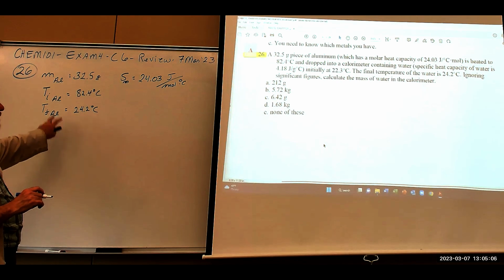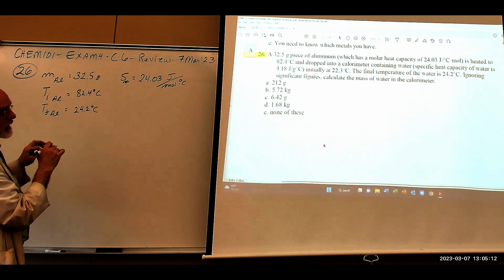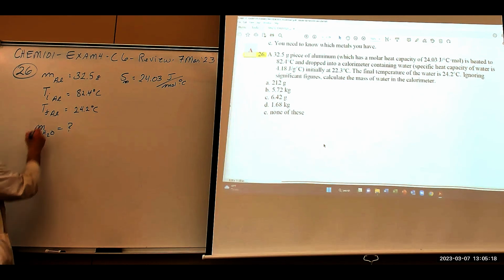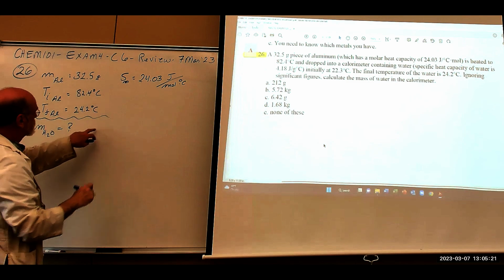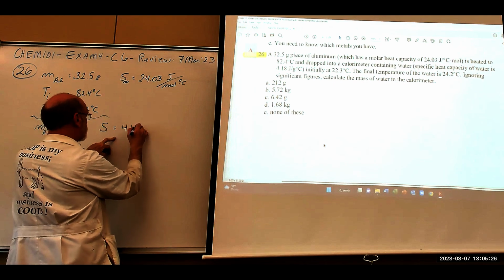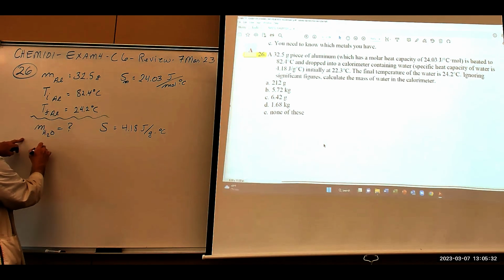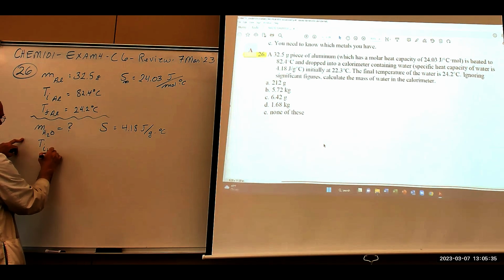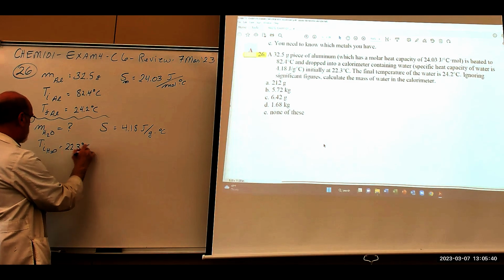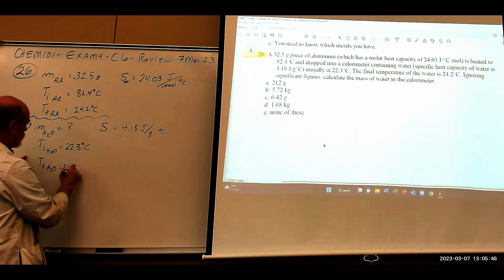And we're dropping it in a calorimeter with water. So now we've got water. What we want to know is the mass of the water. That's our unknown. Specific heat of water is 4.18 joules per gram degree C. And the initial temperature of the water equals 22.3 degrees, and the final temperature of the water is 24.2 degrees.